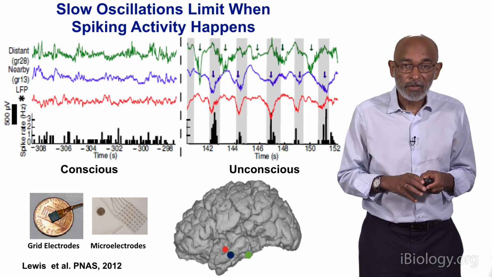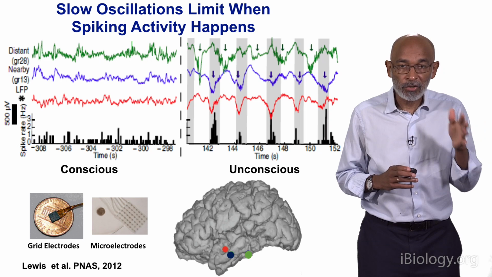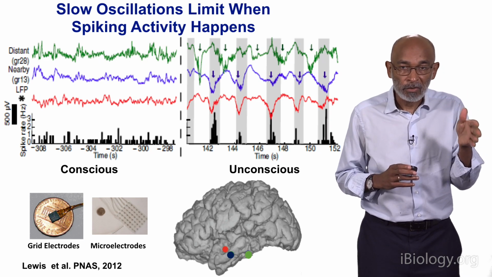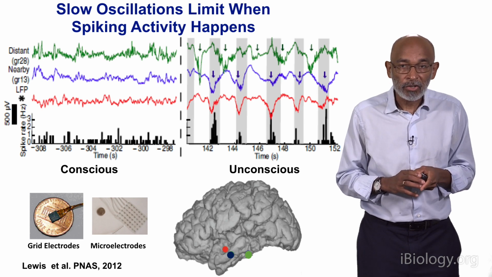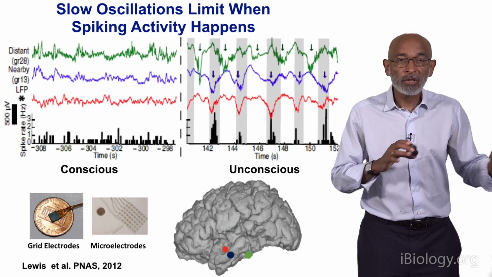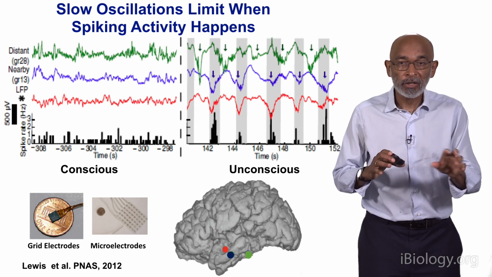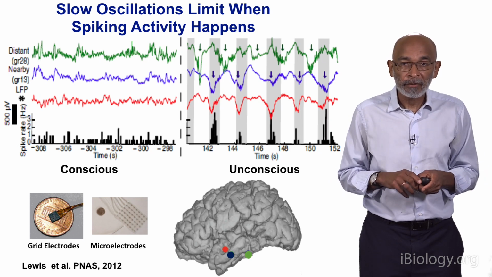So if you look on the left there, you see the conscious state. You see the oscillations like I was showing you before. They're low amplitude with kind of high frequency. And the line below that shows you what the neurons are doing. The neurons are spiking pretty much wherever they want to. They can do whatever they want. They can communicate freely. Now look on the right.